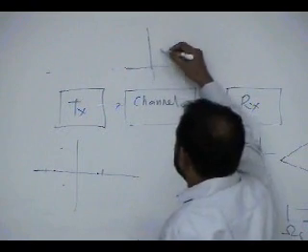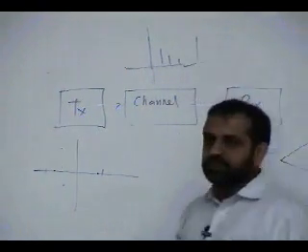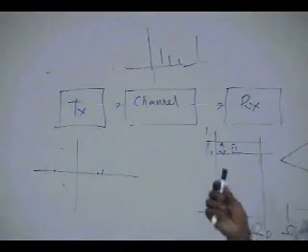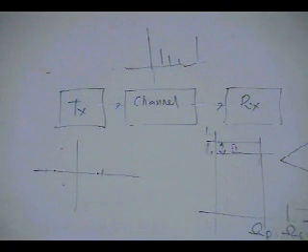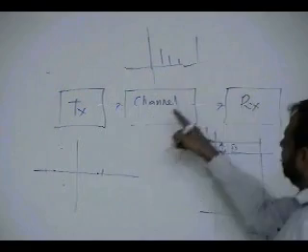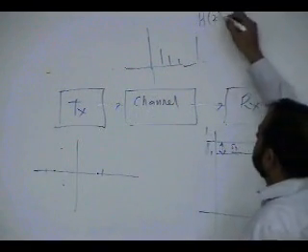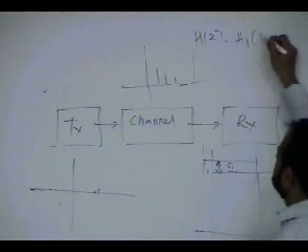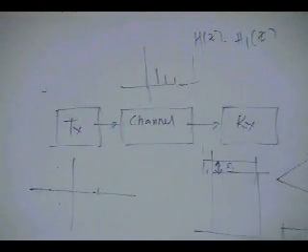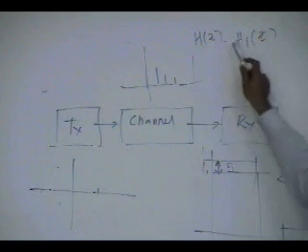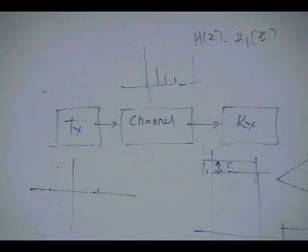The channel usually has an impulse response which is not linear phase, which is not symmetric, it is just there. So before you send it through a receiver, if the channel is H of Z, you need to design an HI of Z. The problem with HI of Z is that it will always have poles, because all the zeros here will appear as poles, and we don't like that.